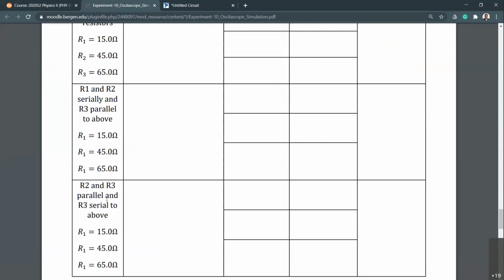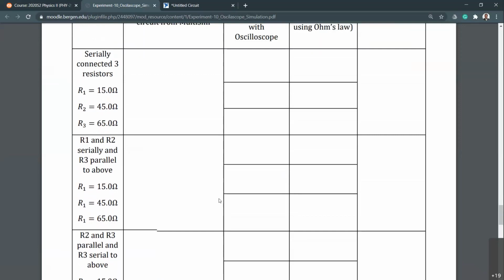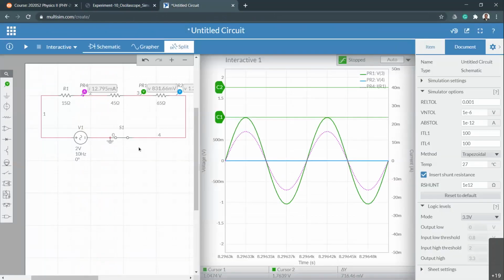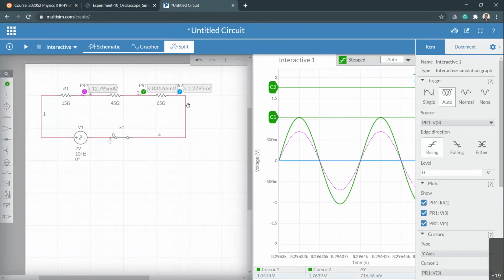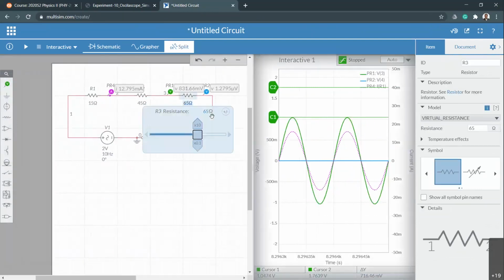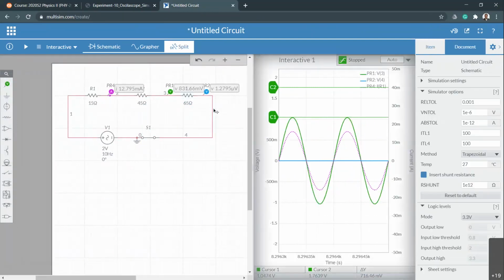When you did the Ohm's law analysis, these are the same circuits we built there. It's not really anything new. We are analyzing by using an oscilloscope. So you stop the circuit first. Now you have to rebuild this circuit. So I have to break everything first. Let's break all these connections.